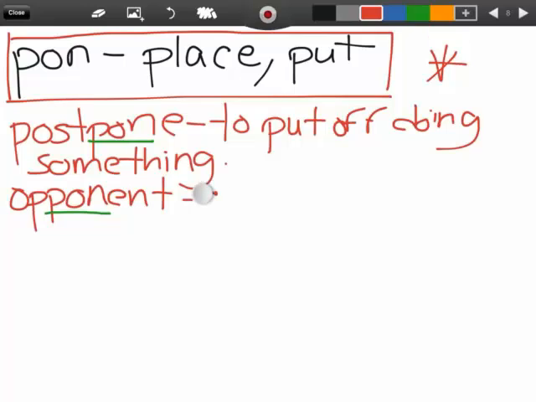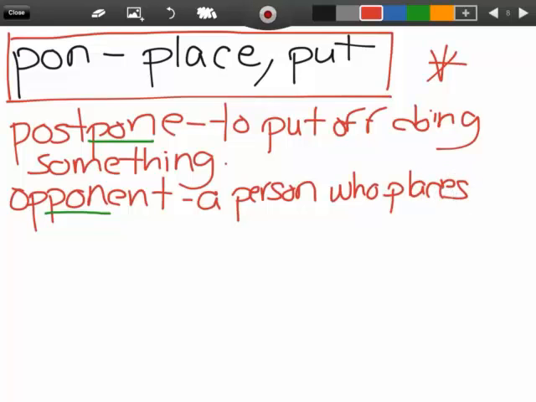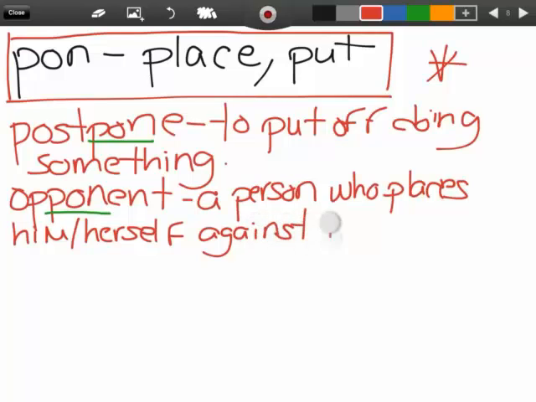And that means a person who places him or herself against an action. As you can see here, and postpone, it means to put off doing something.